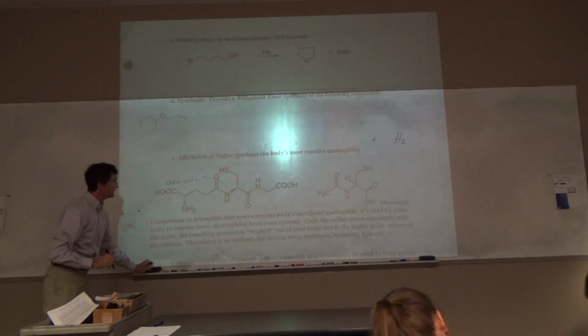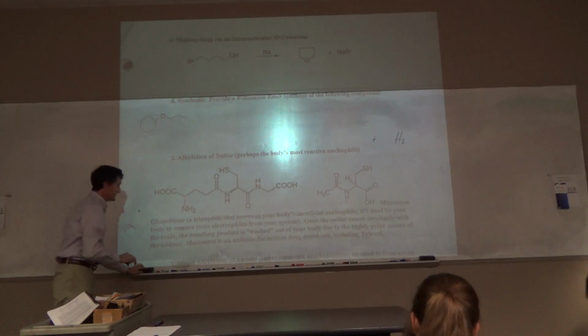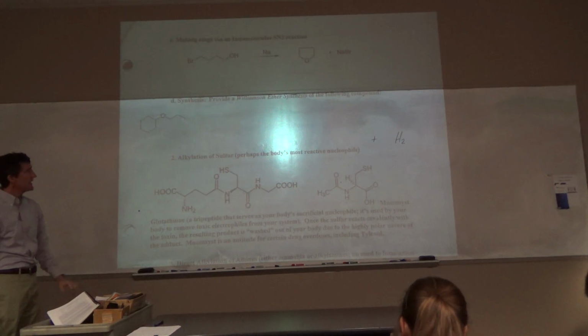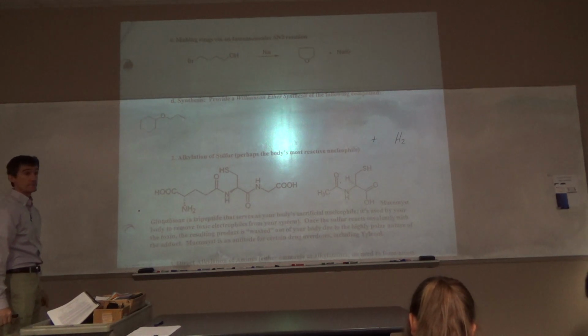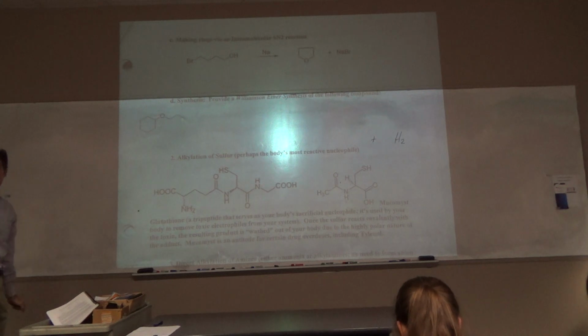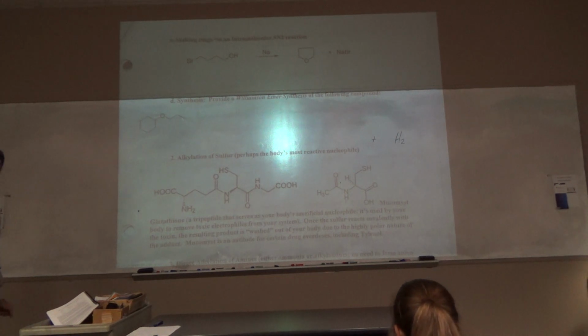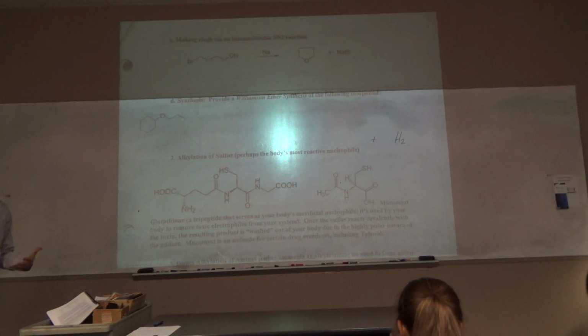Alkylation of sulfur. Your body uses sulfur a good bit. Just know that it's the same chemistry. Same ideas we just showed on the previous page. It can also be a sulfur instead of an oxygen. The anion is the better nucleophile. The exception though, a neutral sulfur, we call it a weak nucleophile because it's neutral, but it tends to be pretty good though.